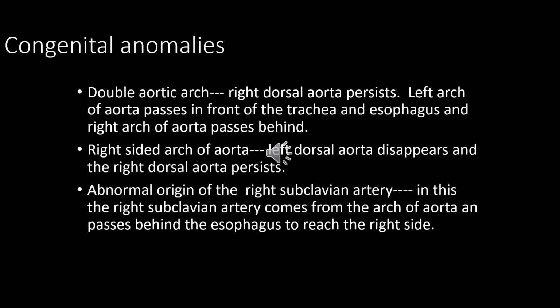So from the left side, it has to cross the midline and come to the right upper limb. So it does so by passing behind the esophagus, thereby compressing the esophagus, and it gives rise to a condition called dysphagia lusoria, where the patient will be complaining of severe dysphagia because the esophagus is being compressed by the abnormal right subclavian artery.